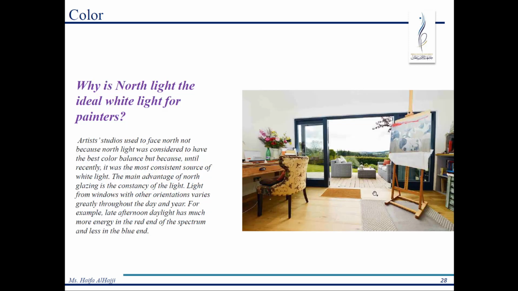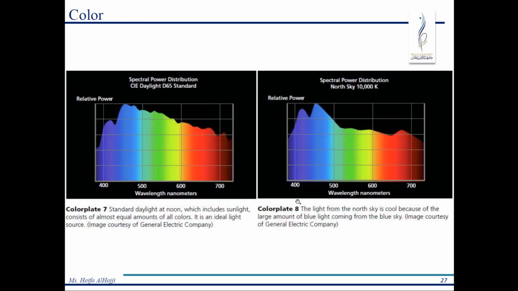So this is why they recommend that if you are mixing and matching colors at different times of the day and you want to be consistent with what you are doing, you need to use a more constant white color. The northern window will satisfy this.